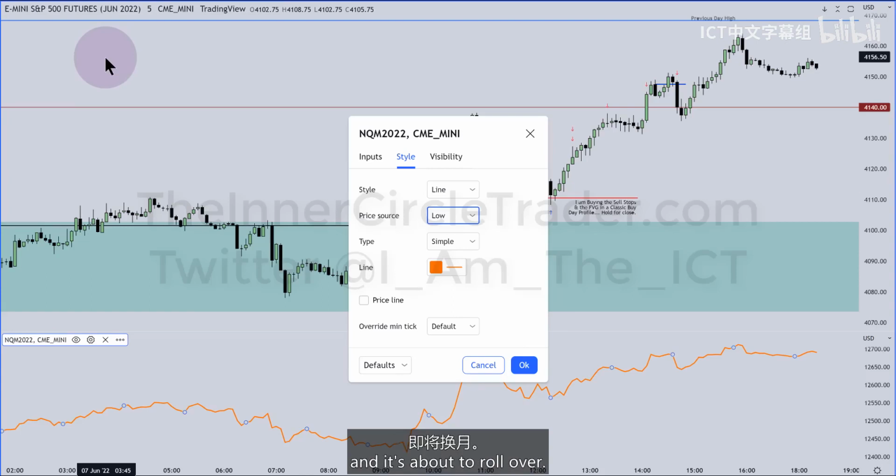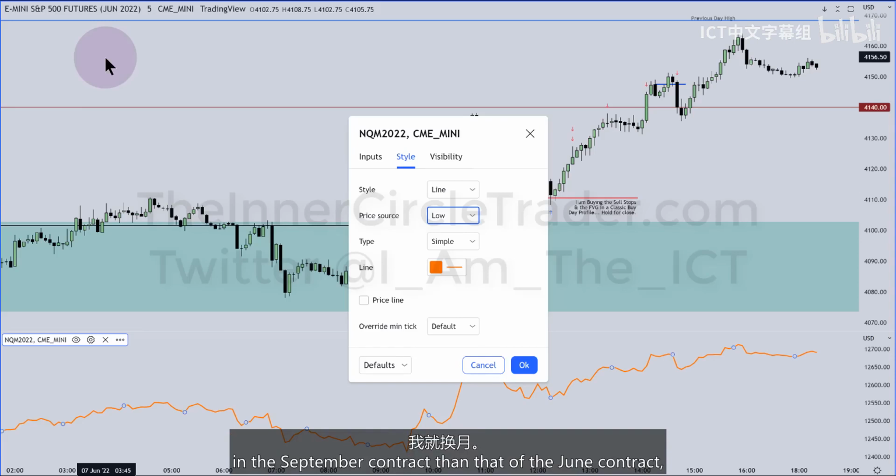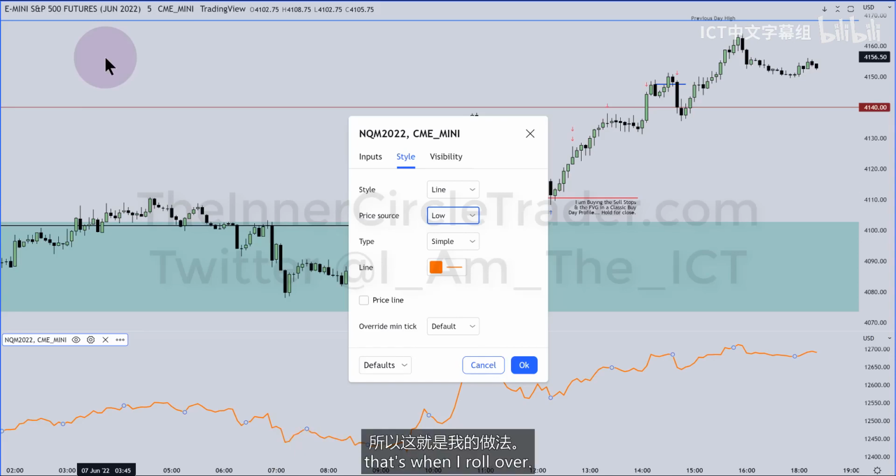Right now, we're in the month of June, and it's about to roll over. So what we do is we monitor barchart.com, and whenever the open interest is larger in the September contract than that of the June contract, that's when I roll over. So that's how I do it.